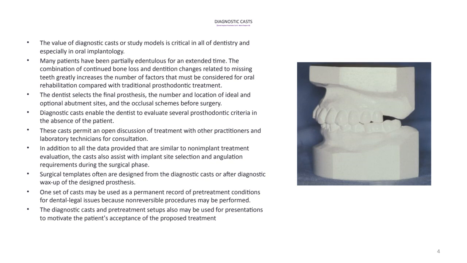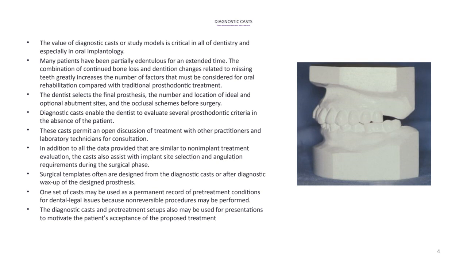Either we can do a fixed prosthesis, so that's going to be one full arch bridge, or we can do a denture for each arch. So the patient has to make a decision and has to be educated in what the options for the treatment are. In addition to all the data provided, they are similar to non-implant treatment evaluation.